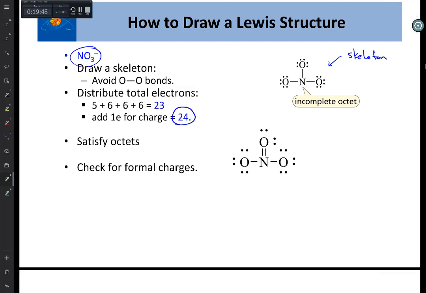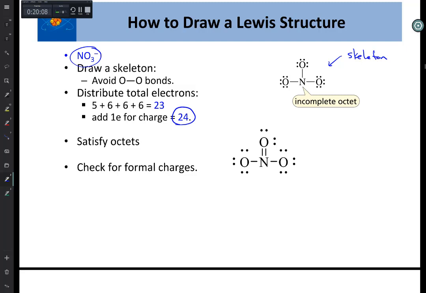Once you've distributed the electrons onto the skeleton, you can actually sit here and count 1, 2, 3, 4, 5, 6, 7, 8, 9, 10, 11, 12. There's 12 pairs of electrons. That's the 24 valence electrons plus the charge that were distributed onto the structure. And then the last thing you have to do is satisfy the octet rule.